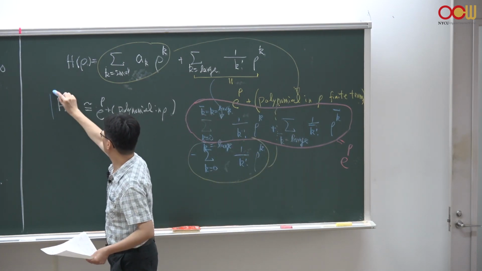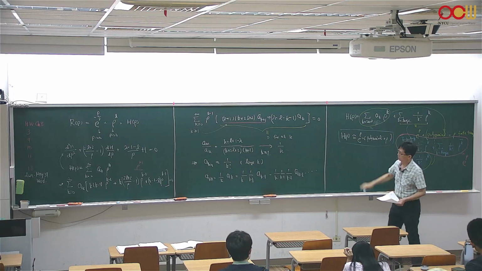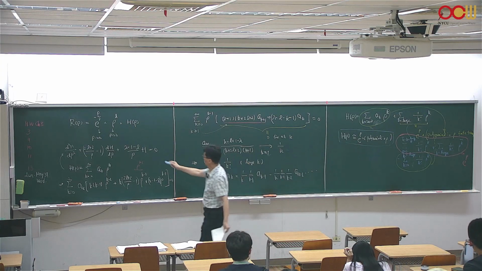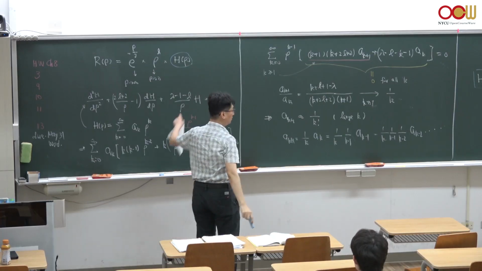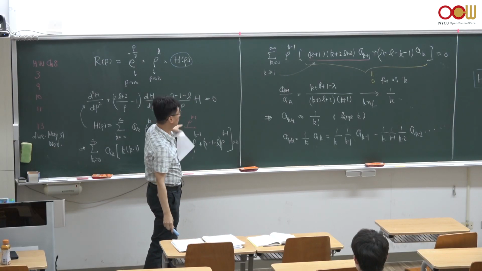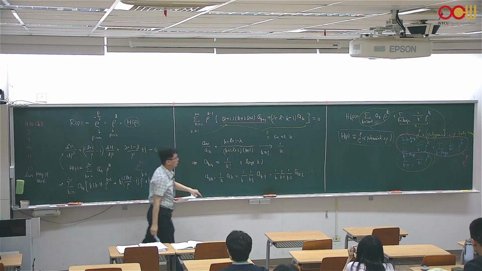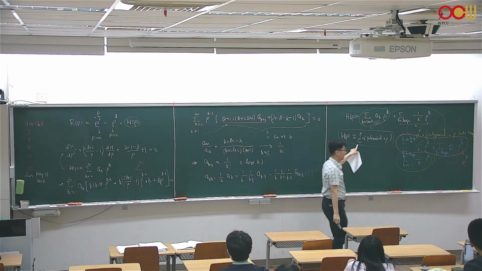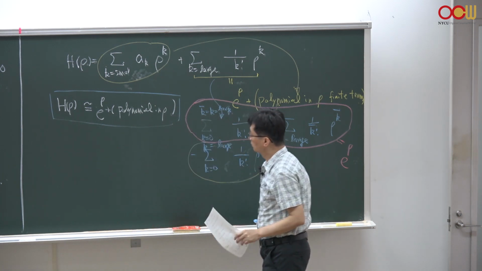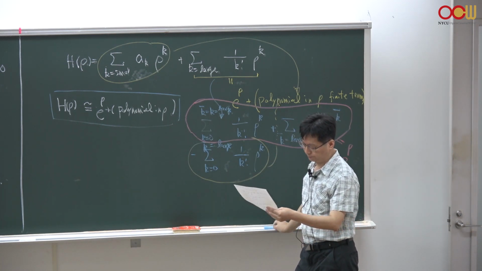Now we need to plug this back into the ansatz, the polynomial that we started with. So we conclude that h of rho is given by e to the rho plus a polynomial in rho with a finite number of terms.